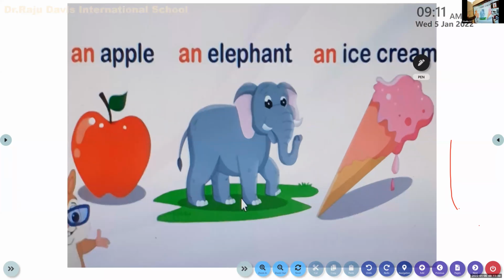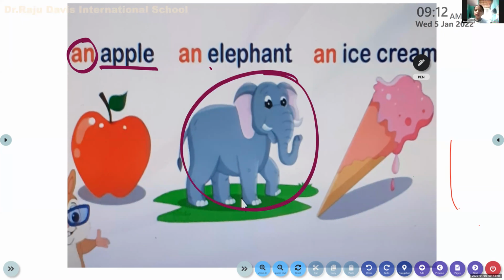Look at this. Apple. Apple begins with a vowel letter A. So we have to use "an apple." The word begins with a vowel letter, so we use "an" before the word, if you're talking about singular. You can see here, it is one.